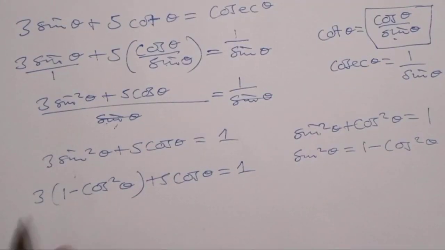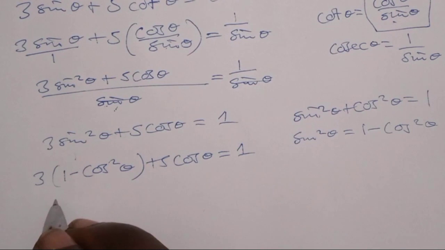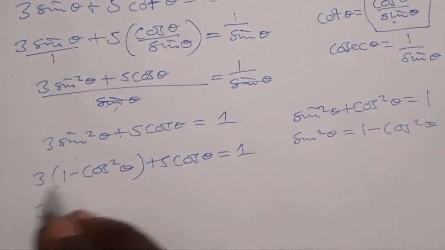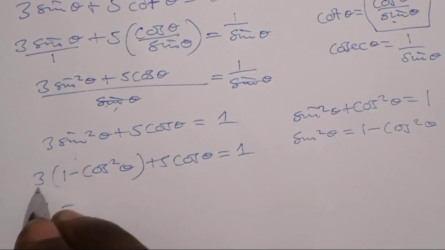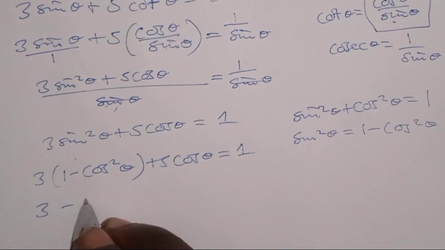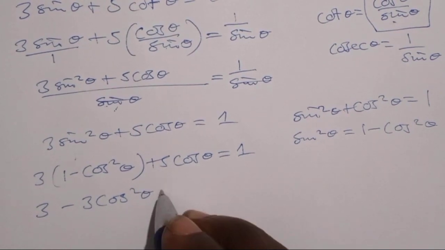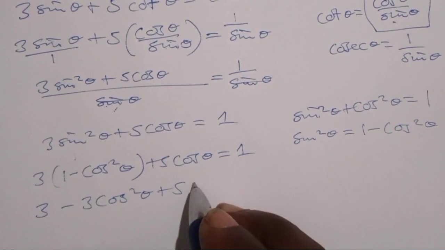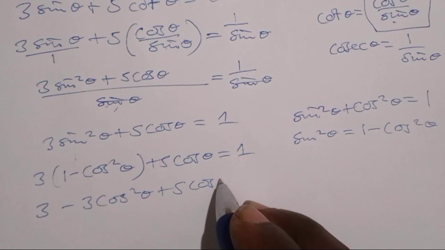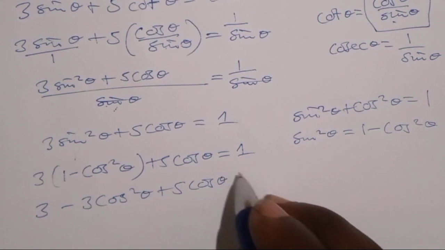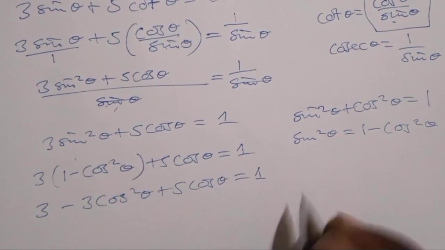So let's expand this now: 3 times 1, which is 3, minus 3 times cos squared theta, we are going to have 3 cos squared theta, then plus 5 cos theta, which is equal to 1.